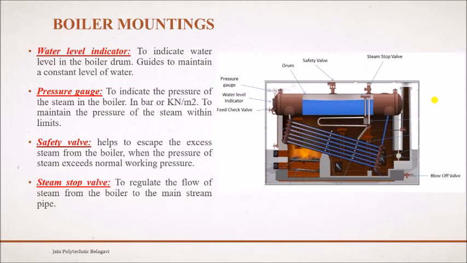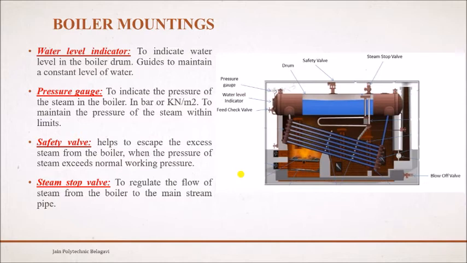Next, steam stop valve. You can see here there is a steam stop valve. It regulates the flow of steam from the boiler to the main steam pipe. Okay, the steam stop valve is nothing but like your tap. If you open the tap, the water comes. If you close it, the water stops. In the same way, if you want to circulate the steam to various applications, for example to the turbine, you just open the steam stop valve.